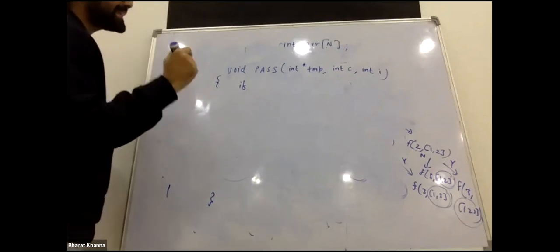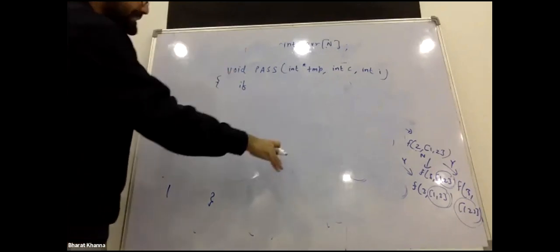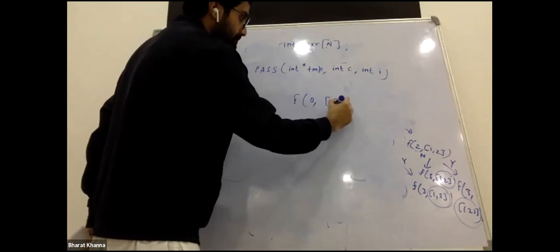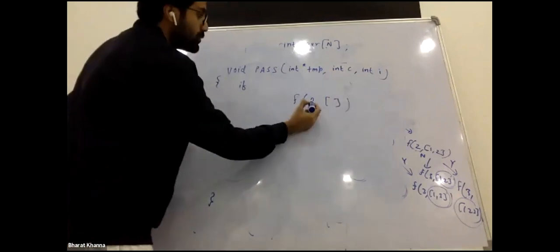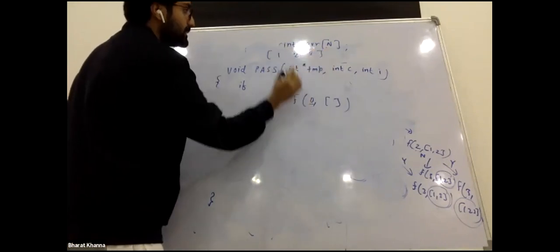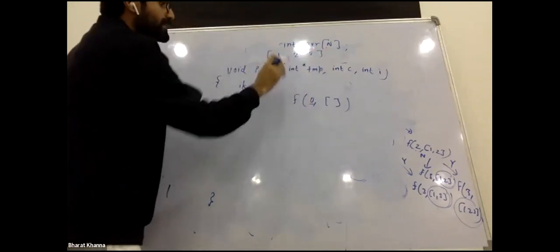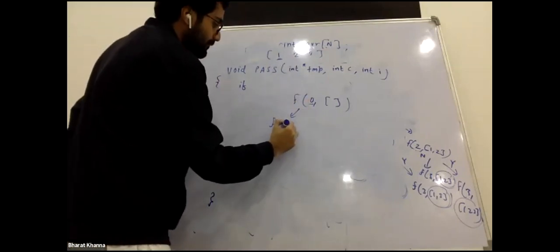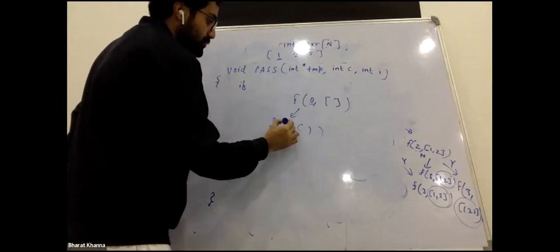Okay, I'll tell you again. When I drew this diagram, I started with 0. This 0 was saying, let's say my array was this, the position in this array for which I have to decide. When you decide for this, then you move on to f of 1, and so on. So this is also important.